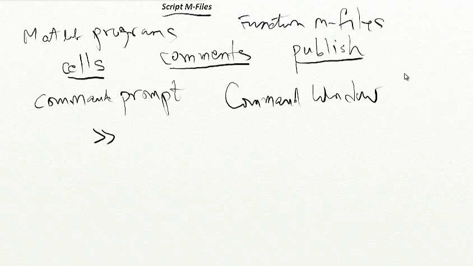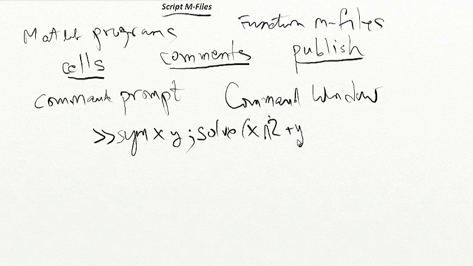So, for example, if you were to type at the double caret, say, syms x y, and then solve x squared plus y squared equals 1, comma, x plus y equals 0, then basically you're asking MATLAB to simultaneously solve the two equations.